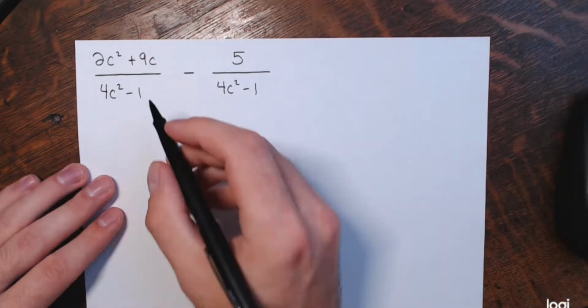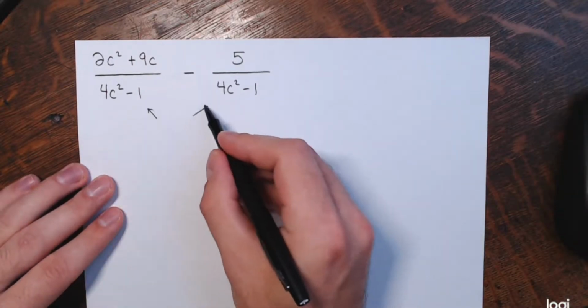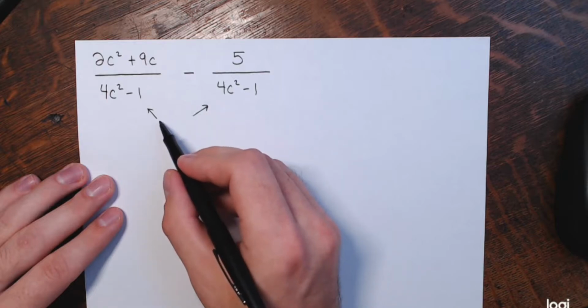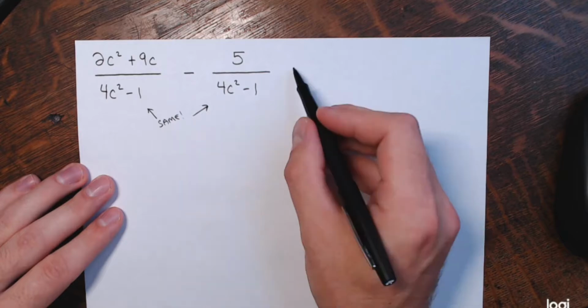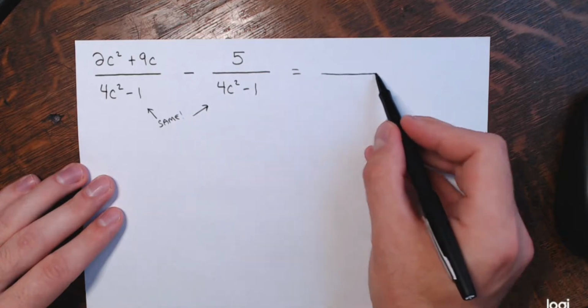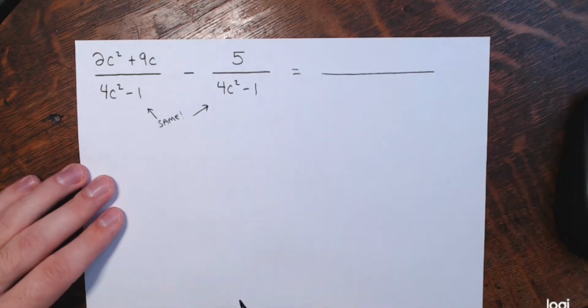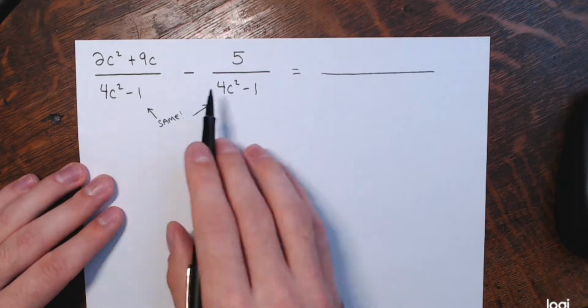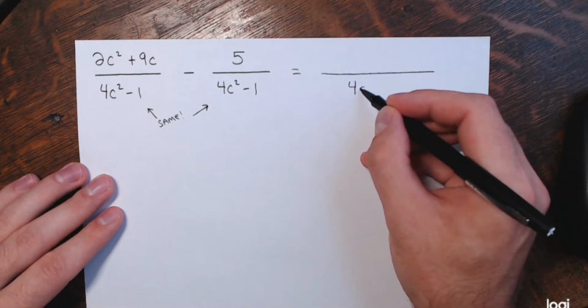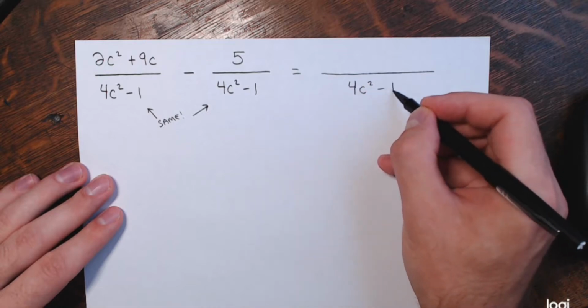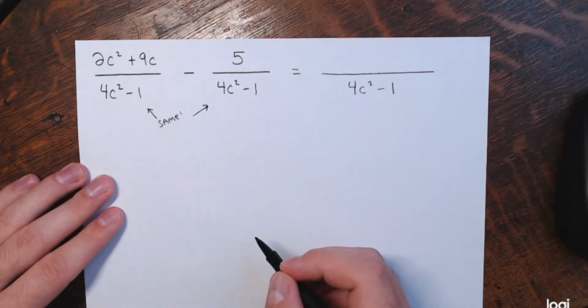So once again, both these denominators in the fractions I'm subtracting here are the same already. So I can then subtract them, make them into a single fraction. And that common denominator is the denominator of the difference. I'm going to write 4c squared minus 1 again in the denominator.